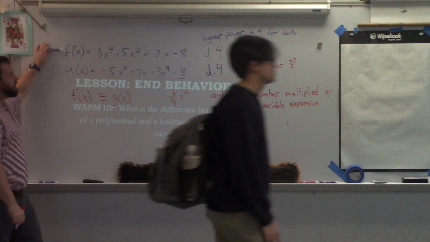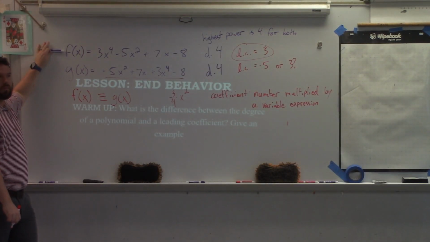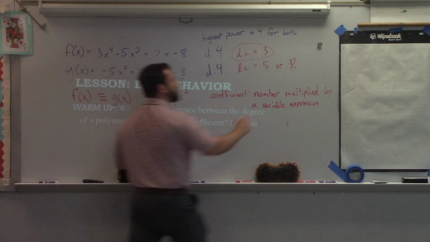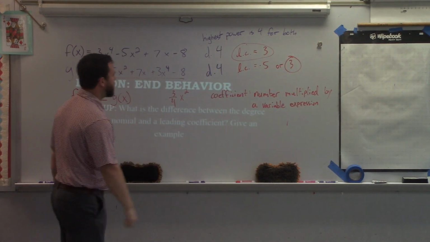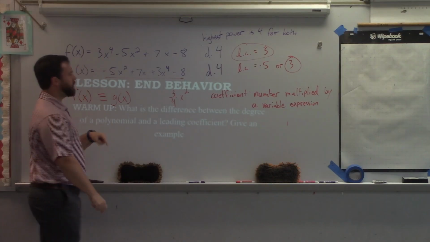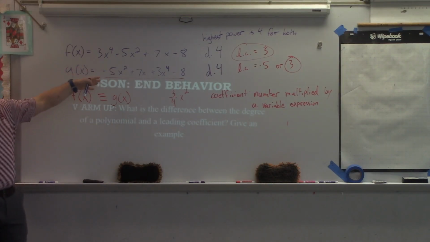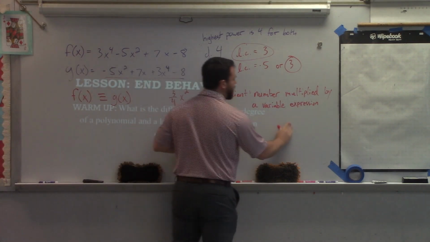So if the leading coefficient here is 3, what does the leading coefficient here have to be? It has to be 3. They're equivalent, right? So when I say leading coefficient, it's not just the number at the front. It's the number multiplied by the variable expression with the highest power. We need to recognize that.